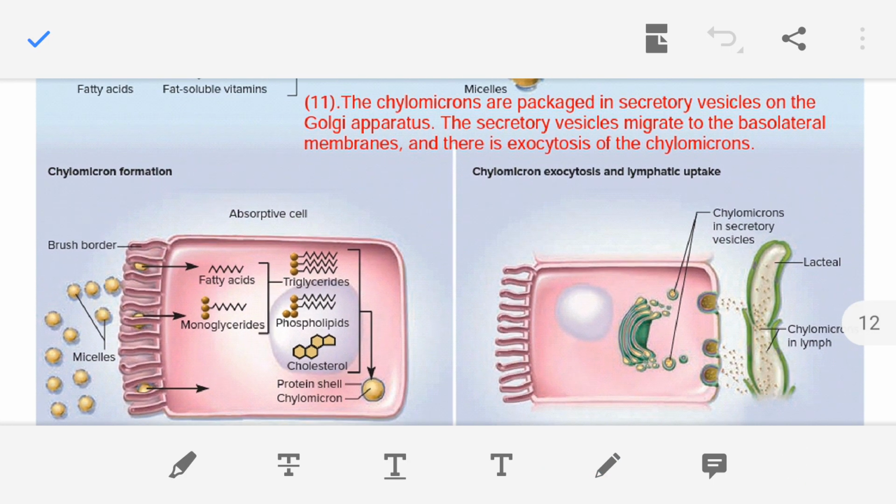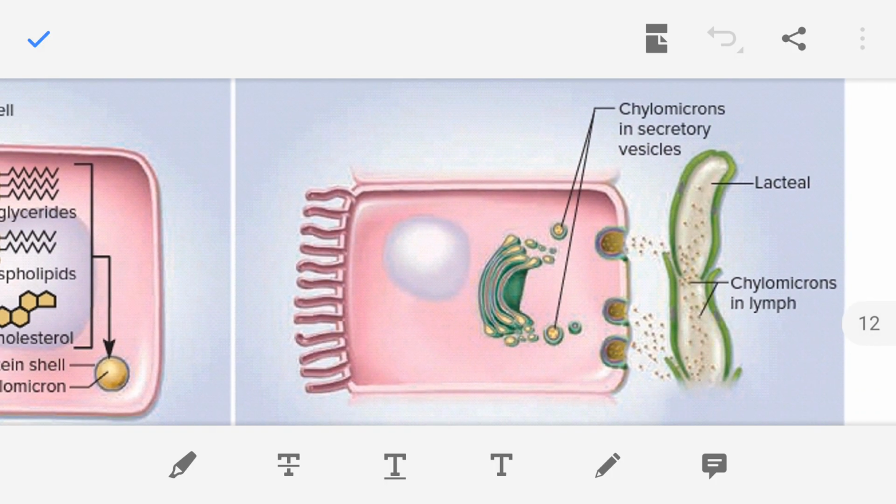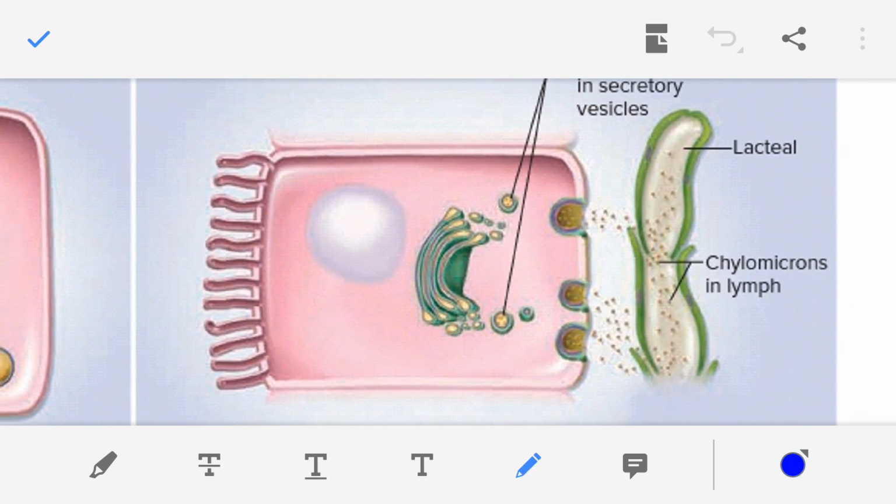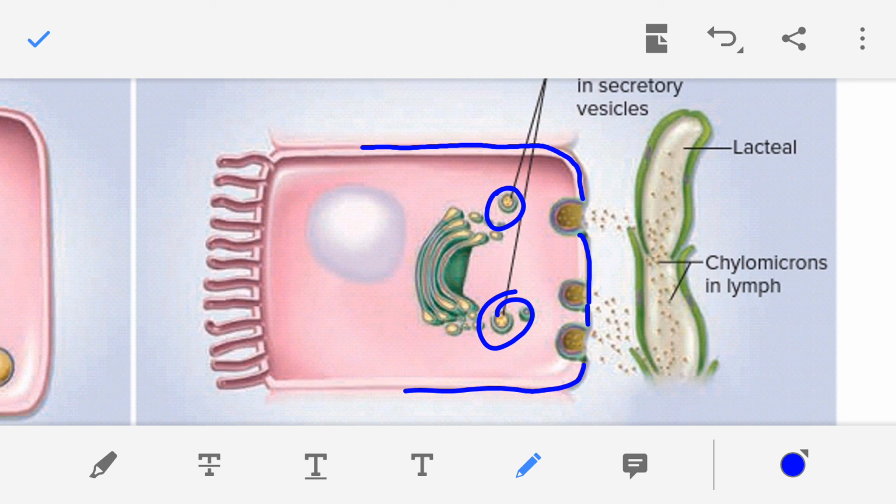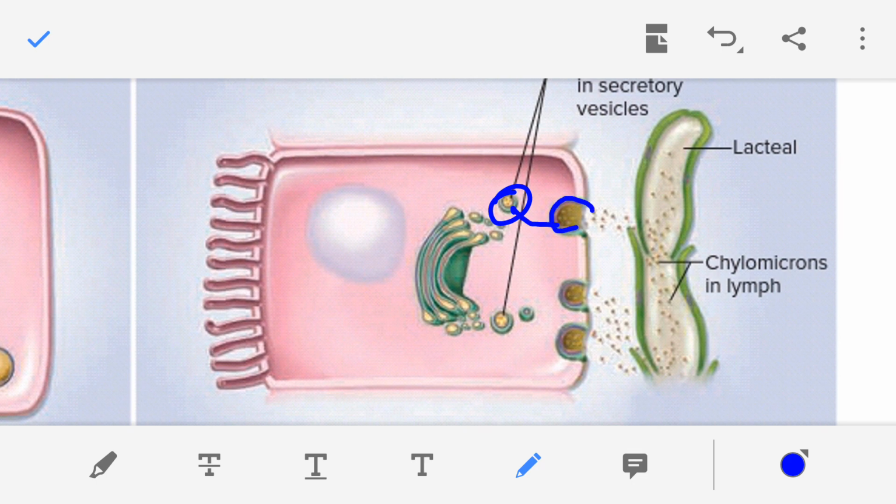Now this secretory vesicle, where are they going? This is the basolateral membrane. This secretory vesicle reaches the basolateral membrane, and here the secretory vesicle bursts, and since the secretory vesicle is bursting over here, what happened?